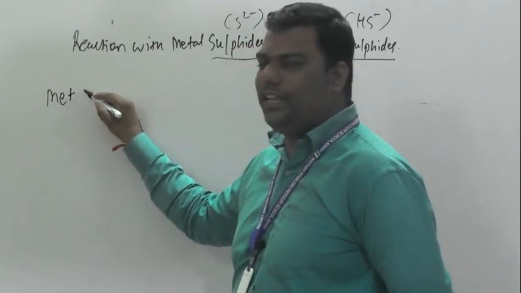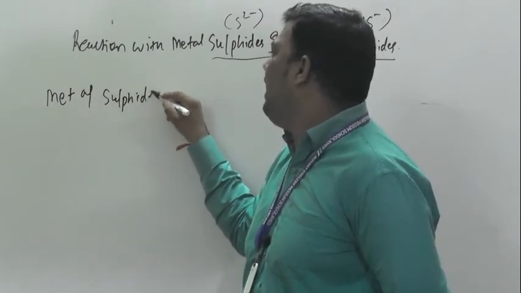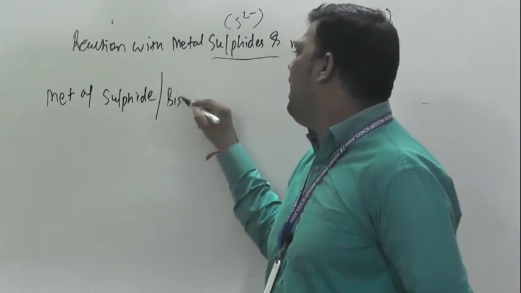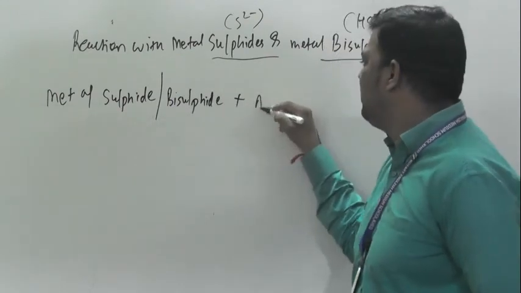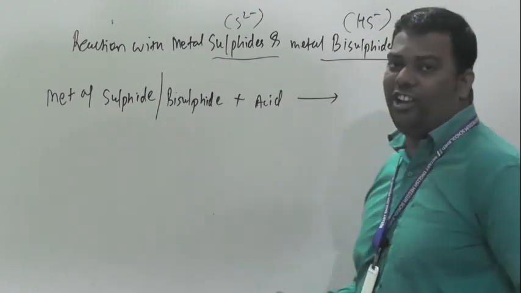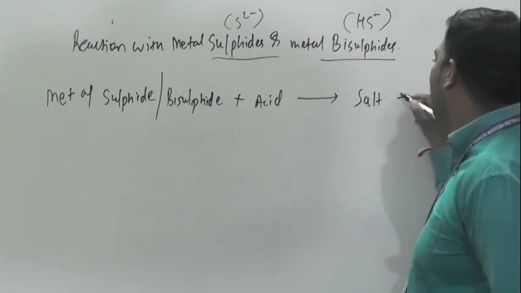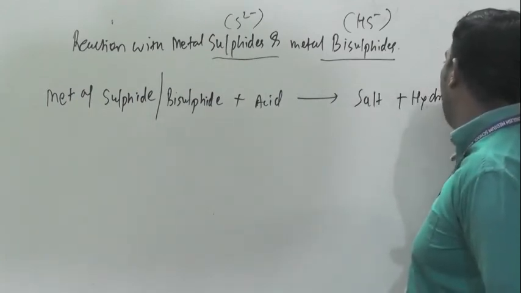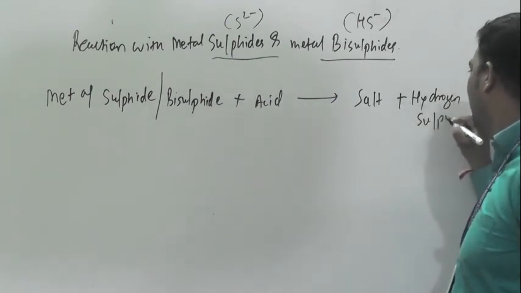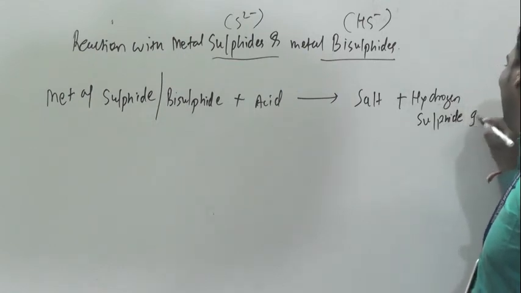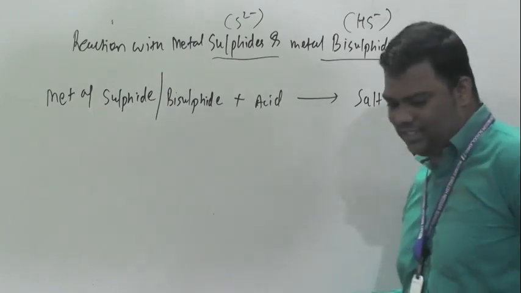Now we will write the general reaction. Metal sulfide or bisulfide plus acid. What will you get? You will get salt plus hydrogen sulfide gas, or we call it H2S gas.